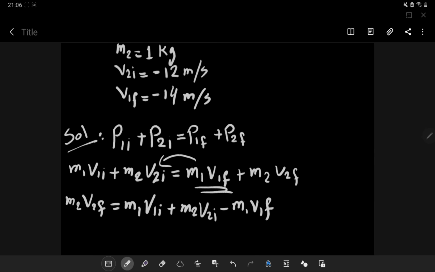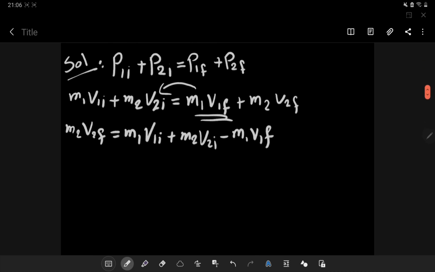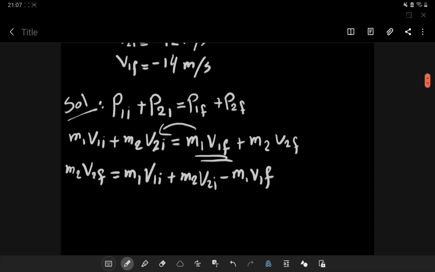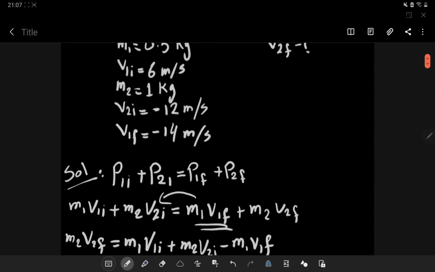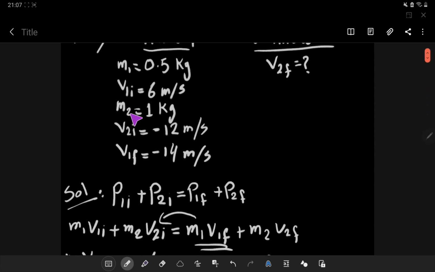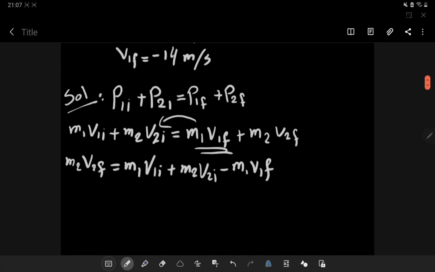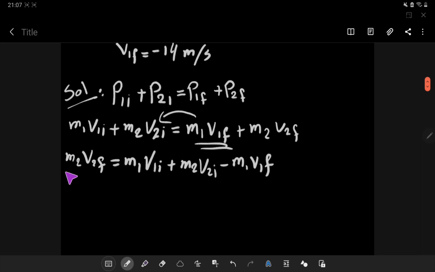Now here is our equation, and now we can write our numbers. Before we write our numbers, here we have the second mass, which is equal to 1 kilogram, so we can ignore M2. It's up to you. You can ignore it now or after writing the numbers.